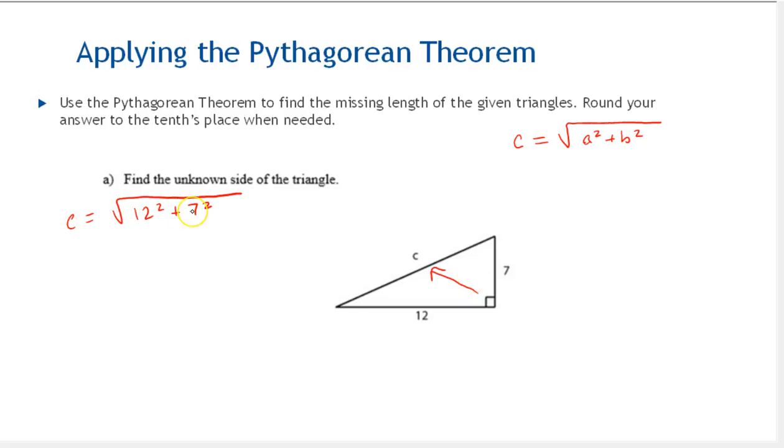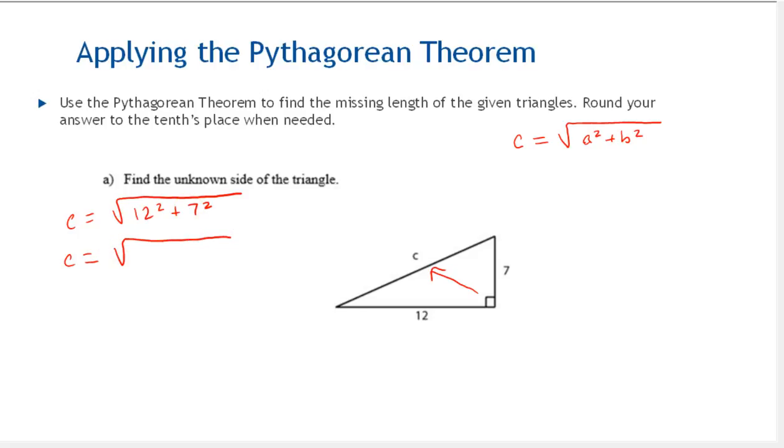It doesn't matter which leg you call A and which leg you call B, as long as you're clear about C being the hypotenuse. Okay, so now the square root is of this entire quantity, so we have to find this quantity first. So that means we have to square 12, square 7, and add the results.